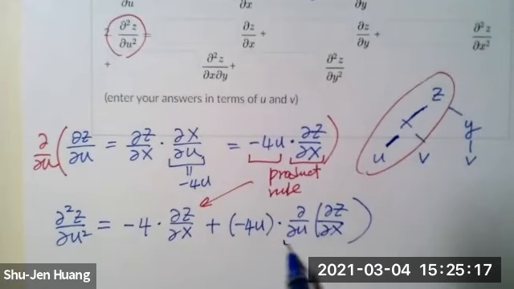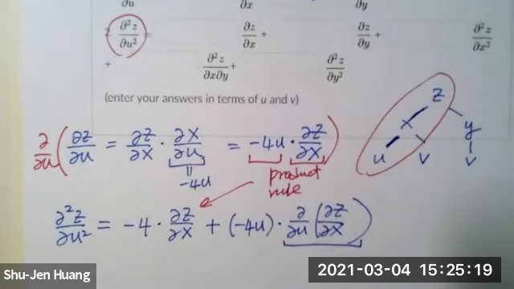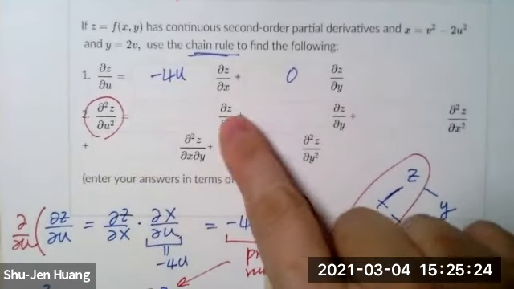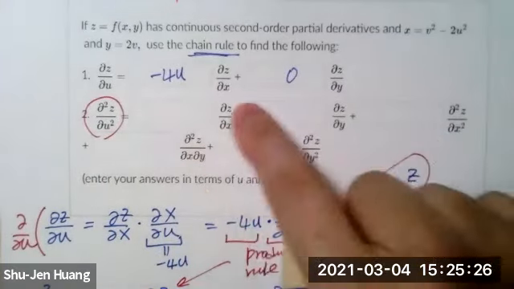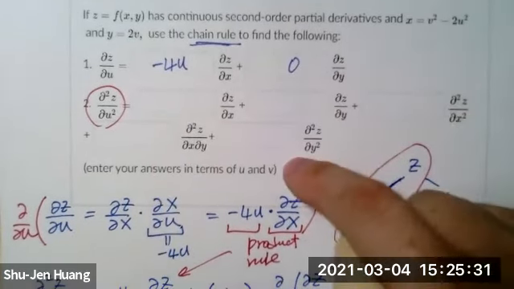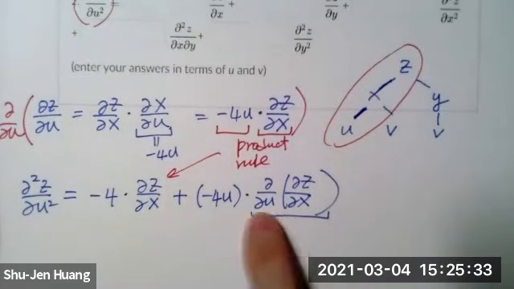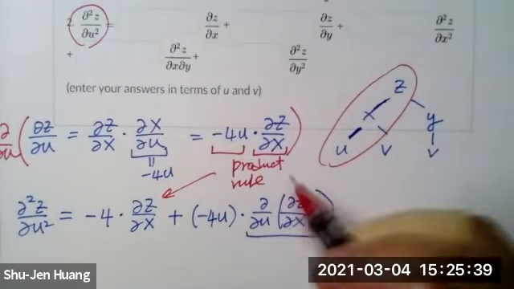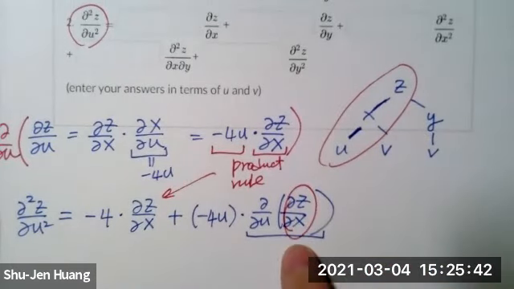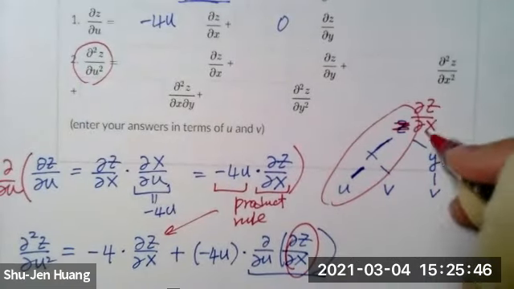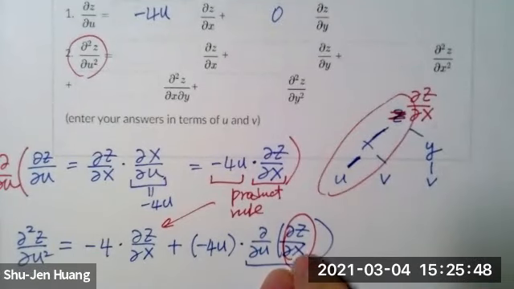Now, what's this? We want to write this in terms of partial z, partial y, partial z, partial x, and also the mixed partial derivative with respect to x or y. We don't have this here, so we need to simplify it. We are going to use the same tree diagram, but now we take the derivative of partial z, partial x, so we put partial z, partial x on top.